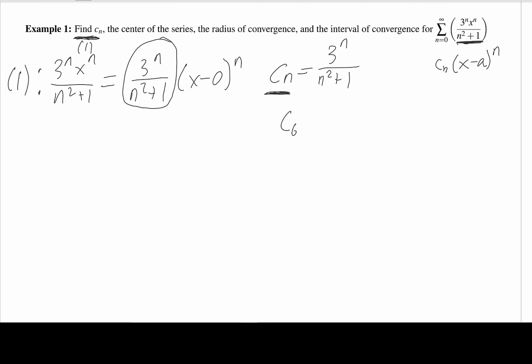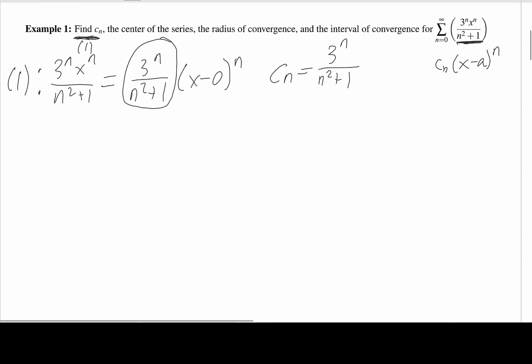And if I asked you for the sixth term explicitly, then this would be c sub 6 times x minus 0 to the sixth, right? So just c sub 6 times x to the sixth. Right? Another way this could be asked is, in this series, what is the coefficient of x to the 8th? Well, that would tell us that we're trying to find c sub 8.